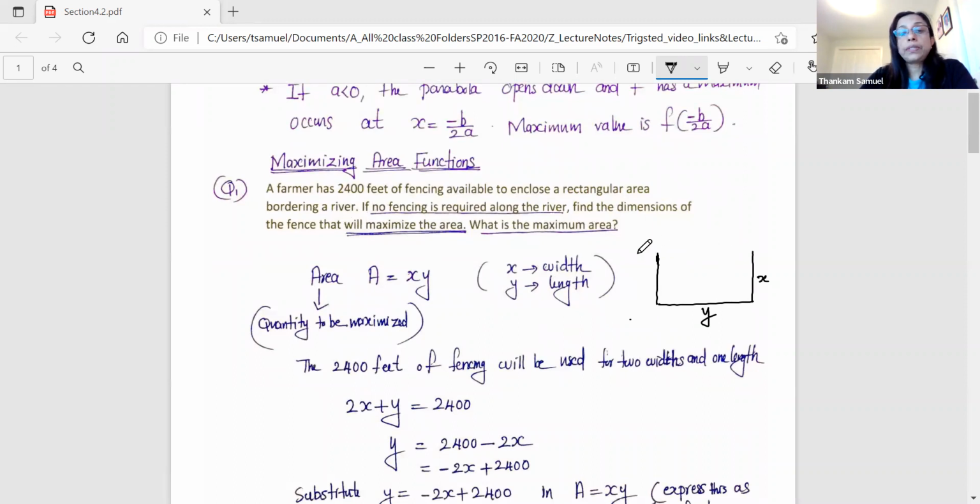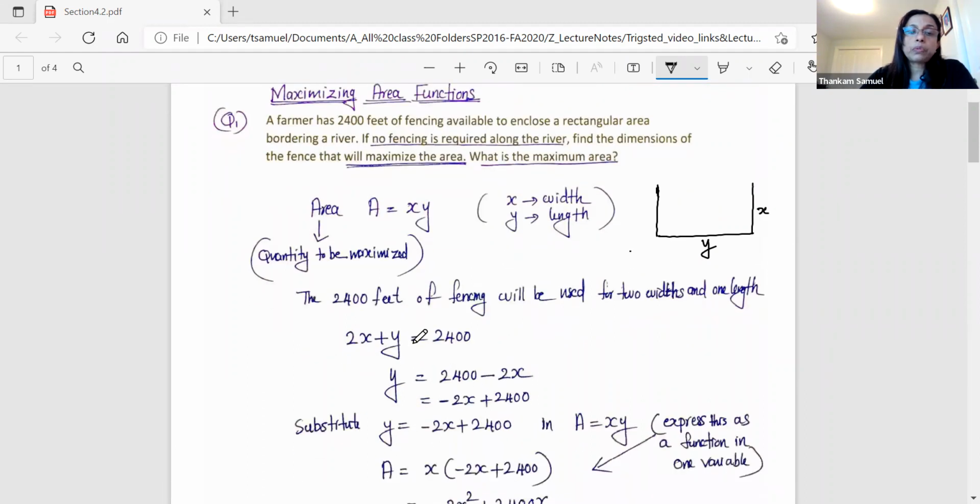No fencing is required along the river. So when we consider the perimeter, the length of these two sides is 2x and this side is y, and there is no fencing required along the river. So the perimeter of this region is 2x plus y, that is given as 2,400 feet, right? So we got another equation, 2x plus y equals 2,400.